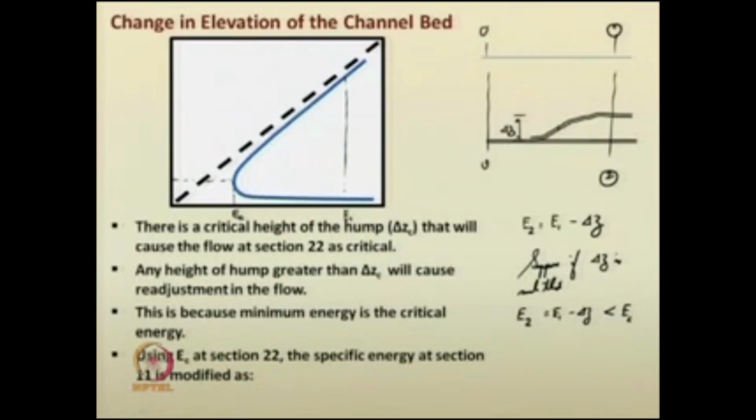So, your theory definitely tells that energy at the upstream cannot fall below the critical energy. So, Ec you need to maintain it as it is. So, the flow at the downstream section, that is at section 2, it becomes critical. So, the critical energy will be there.